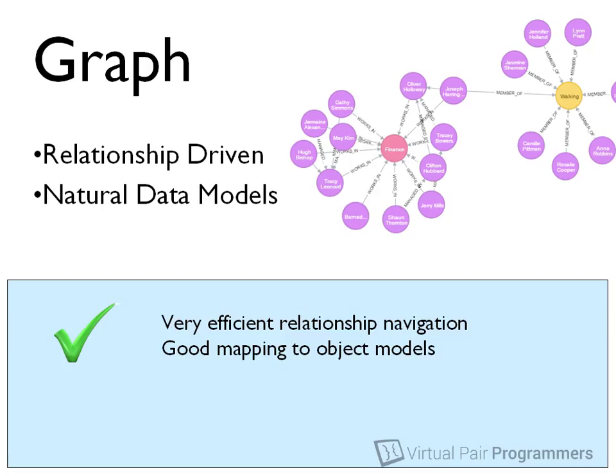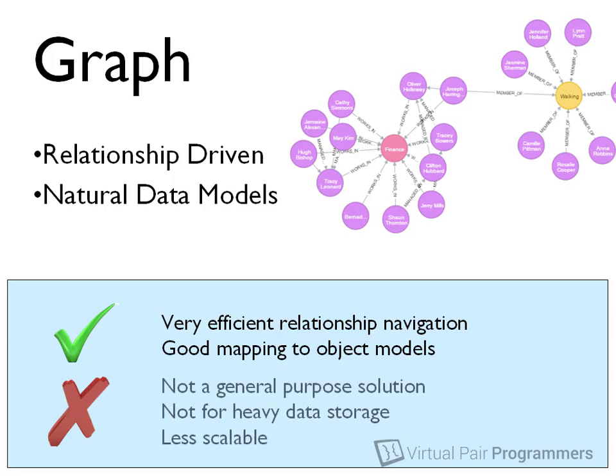Also, if you're writing a very heavy object-oriented model, then we find that graph databases sometimes map more cleanly. The downside for graph databases is they're not a great place to store detailed information about the objects. It's far more useful for the relationships. And they're also less scalable because they're much more difficult to scale. Sharding is a lot harder on a graph database.